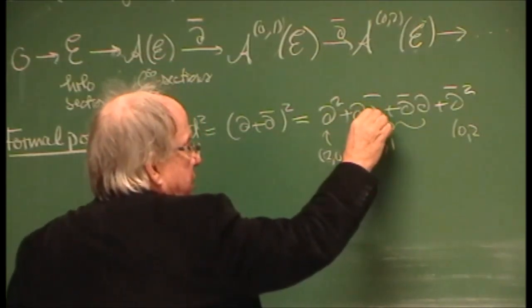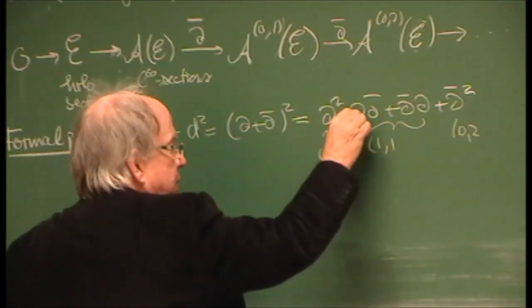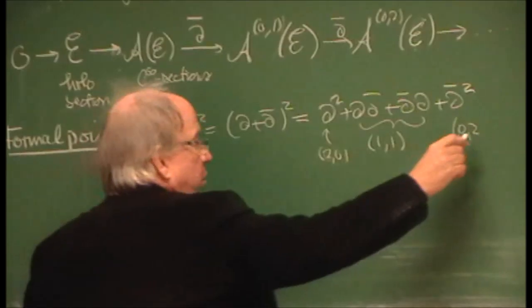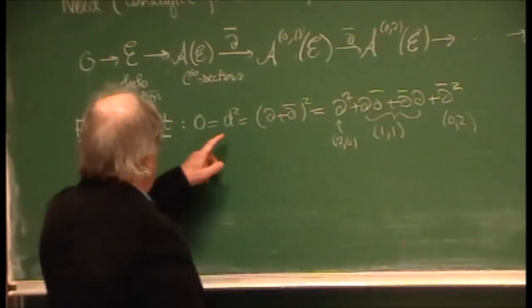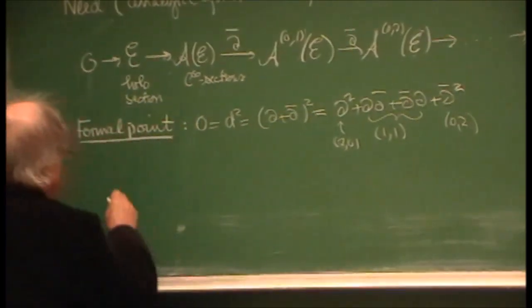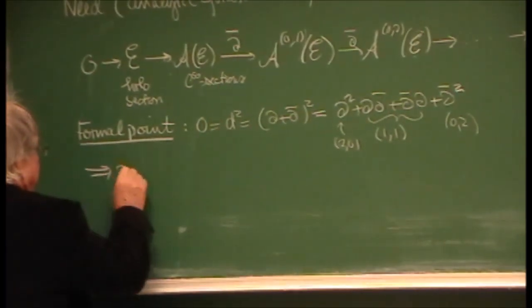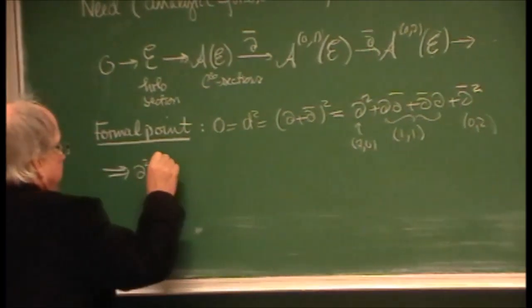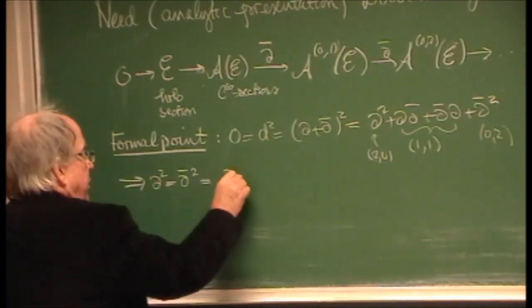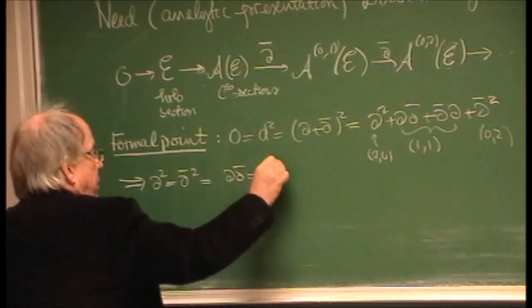Differentiate one time with respect to z-bar, and then another time with respect to z, you get a (1,1) form. These are the types of these forms. Since the sum is 0, each of the individual types has to be zero. It follows that del squared is 0, d-bar squared is 0, and the thing in the middle is 0, which says that del d-bar equals minus d-bar del.